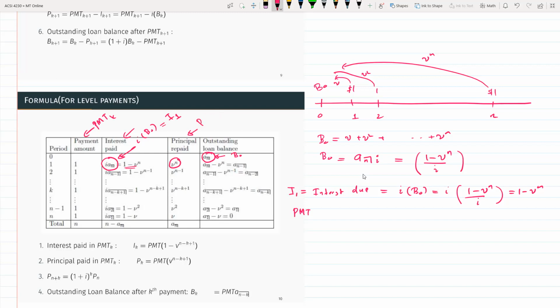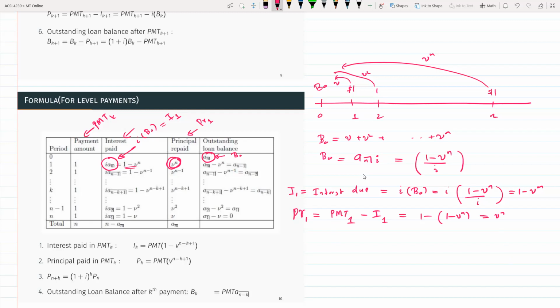Sometimes you use P, sometimes we use PR, depending on what you like. So this is PR1. What's the principal repaid in the first payment? It is the payment amount minus I1. So that would be 1 minus v to the n, which is vn. Okay, so that's why you will see this vn.